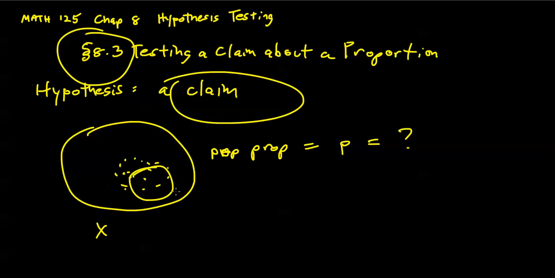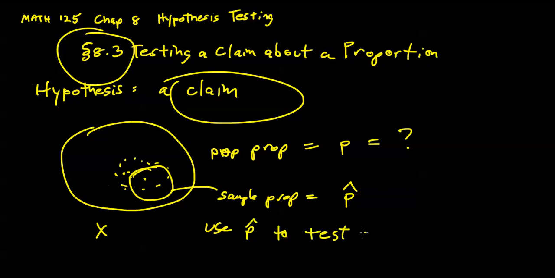Basically what we're going to do is take a sample and based on data from a sample proportion we will test hypotheses or claims about population proportions. So here's what we're going to do. We're going to use p hat to test claims about little p. That's in section 8.3.